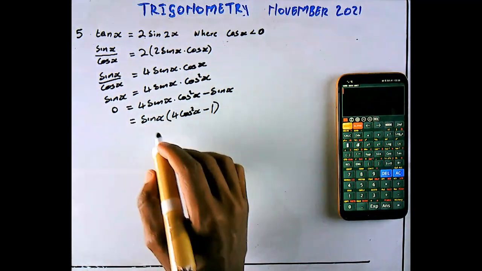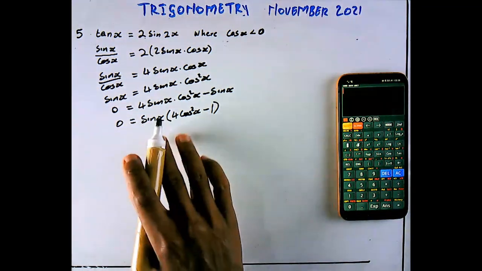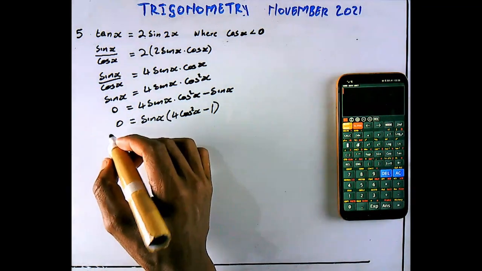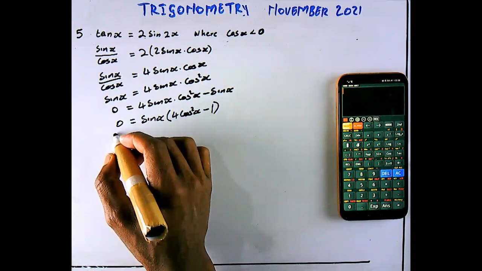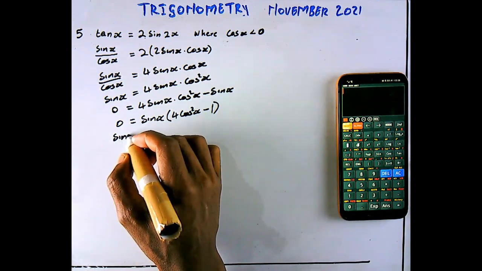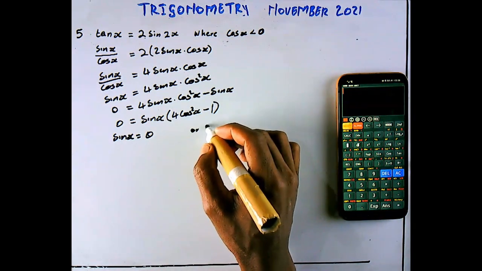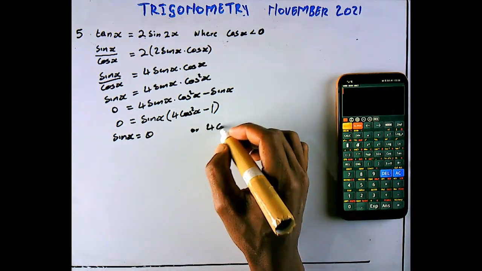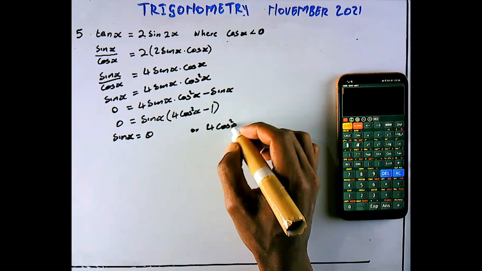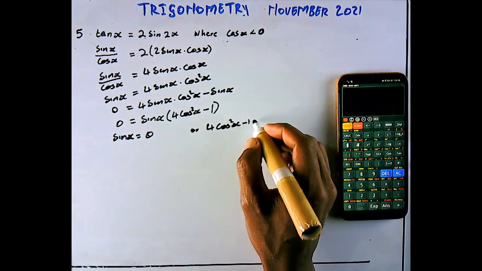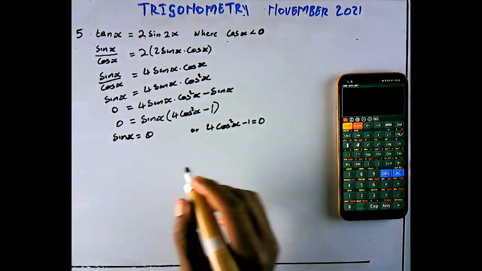And then because everything here equals 0, we can equalize each factor with 0: sine x equals 0, or 4 cos squared x minus 1 equals 0.